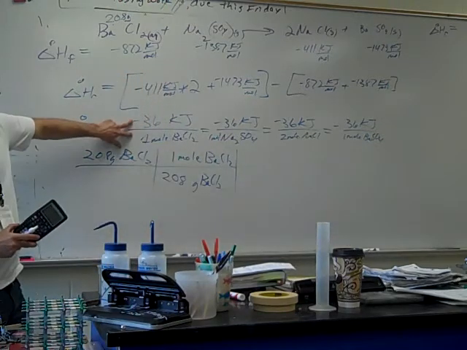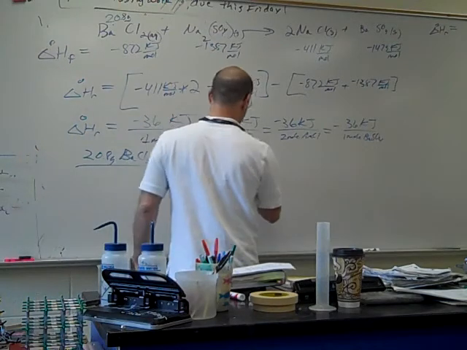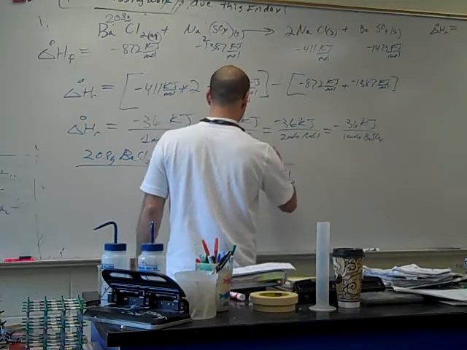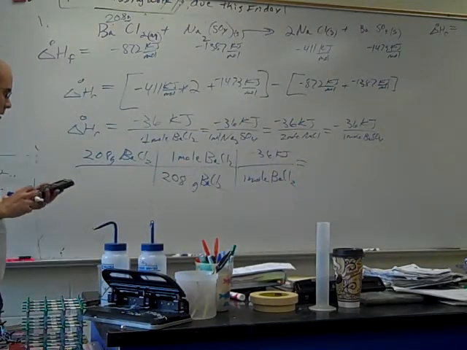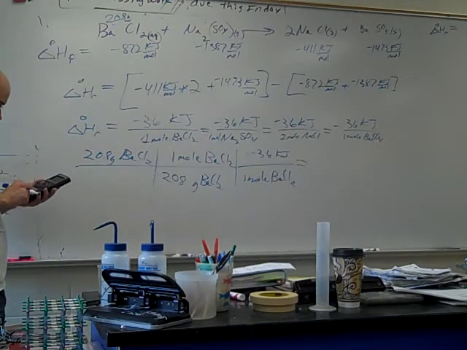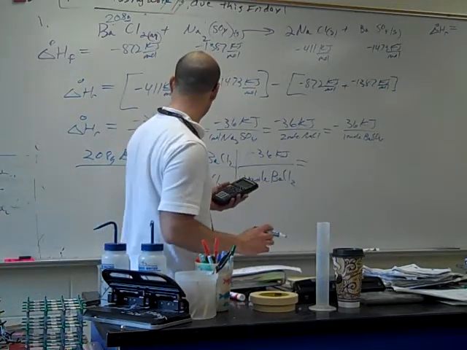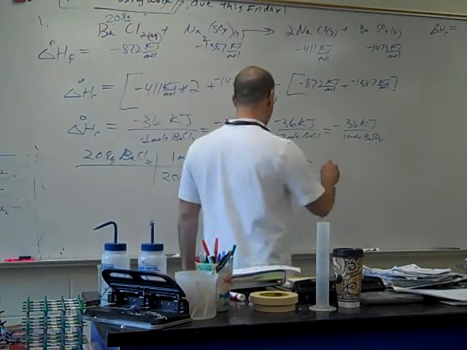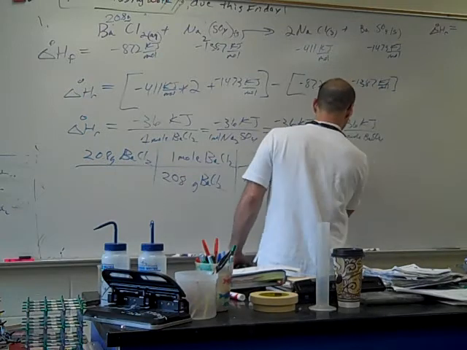And then we're going to use this ratio because we're dealing with barium chloride. For every 1 mole of barium chloride, we have negative 36 kilojoules. So now when I multiply that out, I get, I don't know how I have 3 figs there, but anyhow, I got negative 3.6 kilojoules.